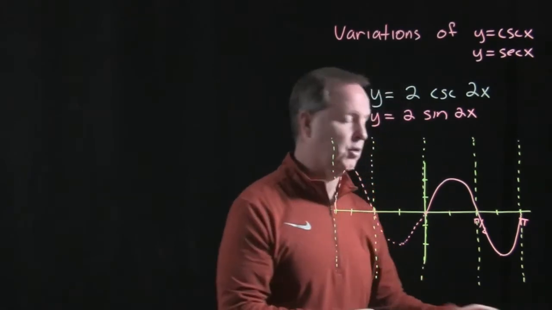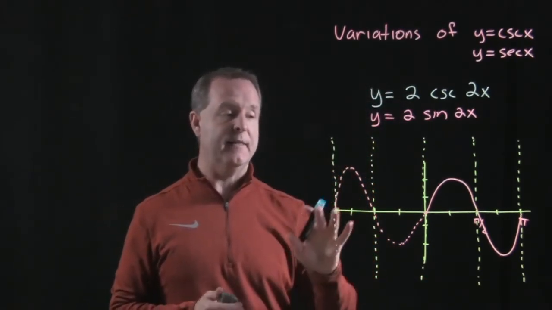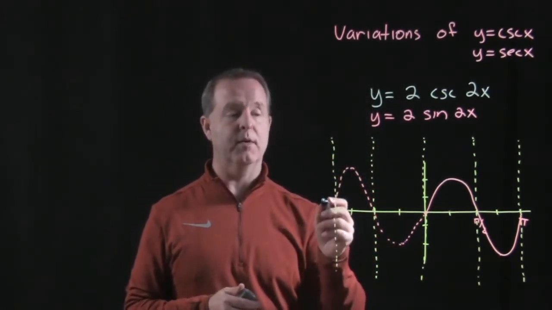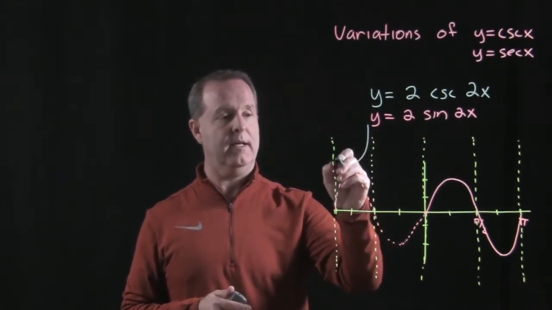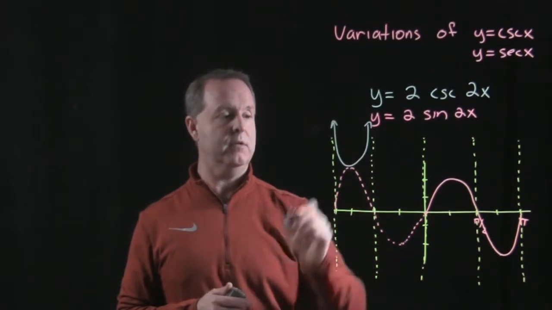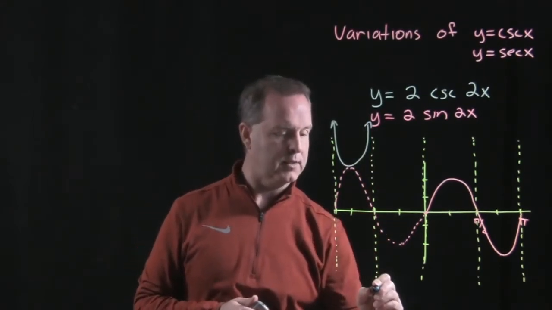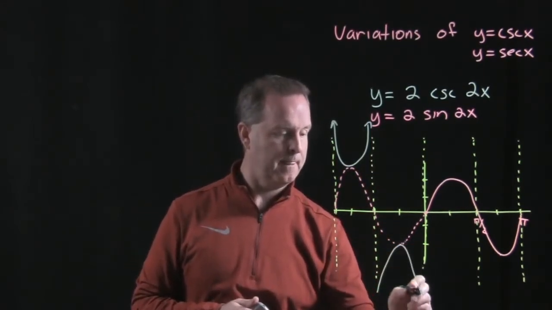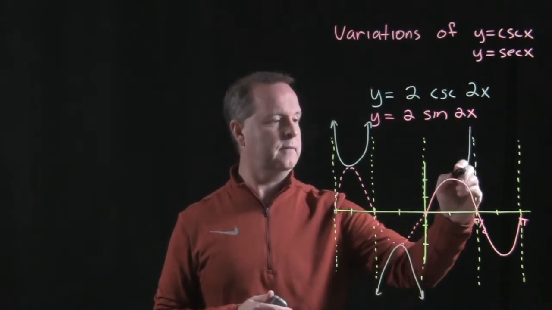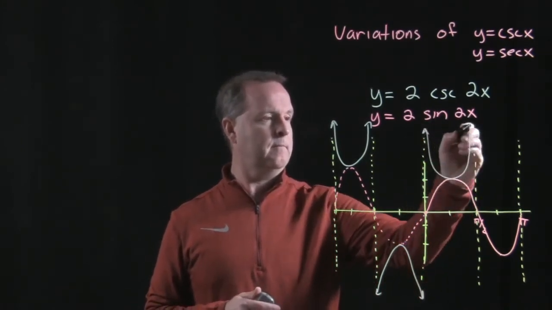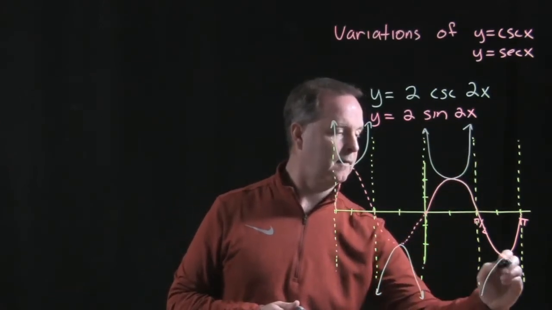Once I've drawn those vertical asymptotes in, I can start to draw the reciprocal components of the function. This graph is going to come down vertically, asymptotically approaching those two. Here I have a bowl that's going to drop water. Over here I have the graph, and likewise down here.